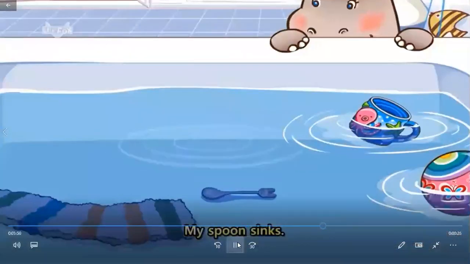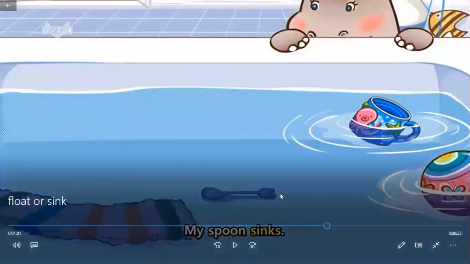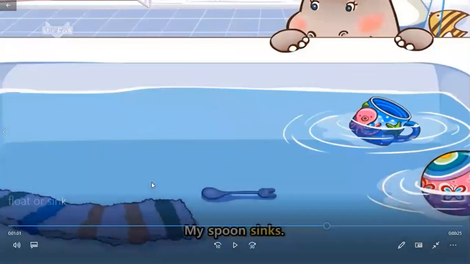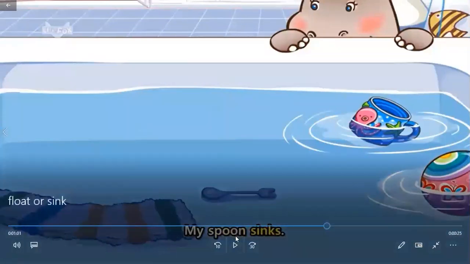My spoon sinks. We said sink means to go below the surface of water. Okay? Sink. Repeat after me. Sink. Good job.